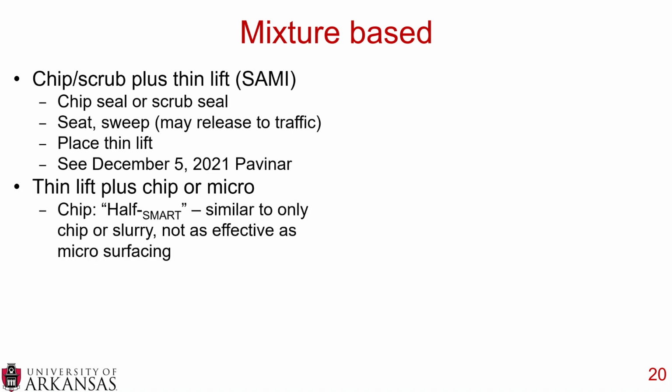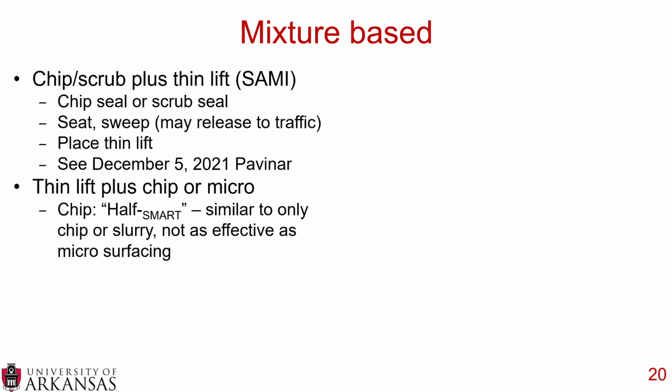Now, you can also go the other way around, and in one report I found this was called a half SAMI, and this is a thin lift, then you add a chip seal or a microsurfacing on top. One report that used this half SAMI, put out by the Illinois Center for Transportation, ICT, found that it was similar to only chip seal or slurry seal, but it was not as effective as microsurfacing.